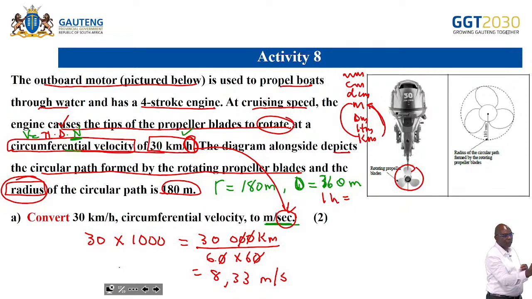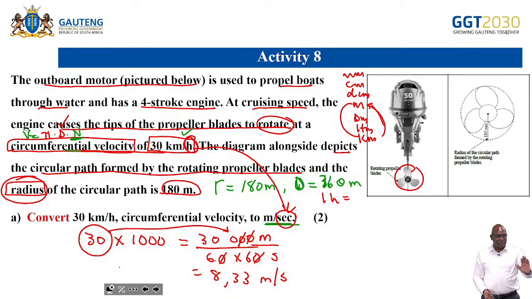Remember this is not kilometers, sorry, just erase that. So that will be meters. We have changed it from kilometers to meters, and then here are seconds. So it becomes meters per second, and 8.33 meters per second will be our final answer.